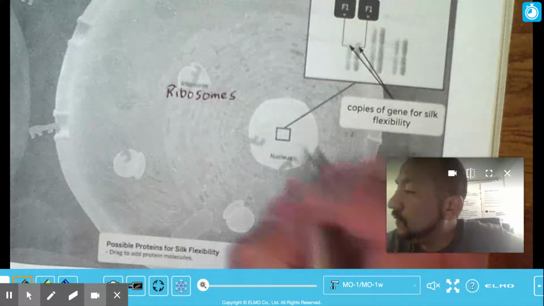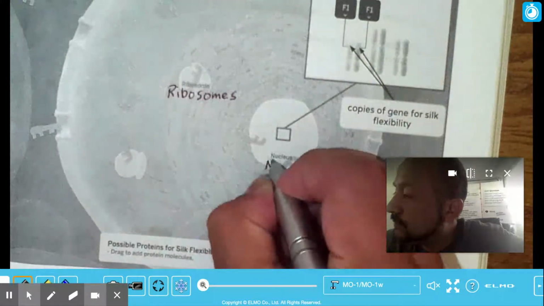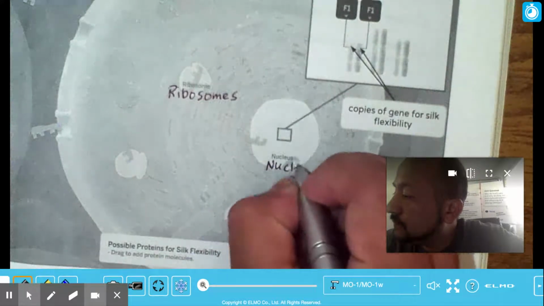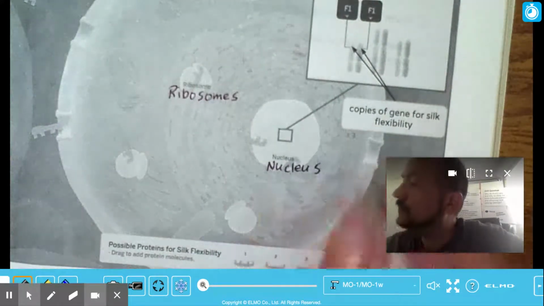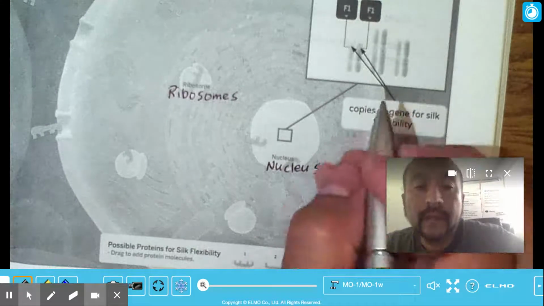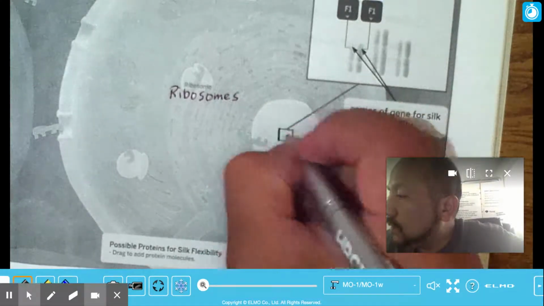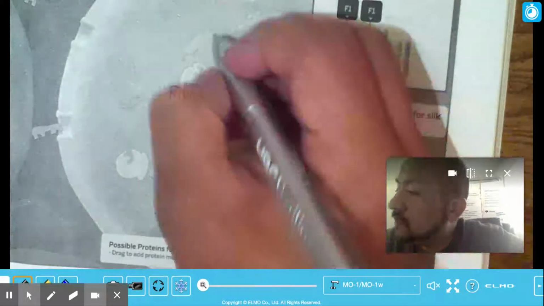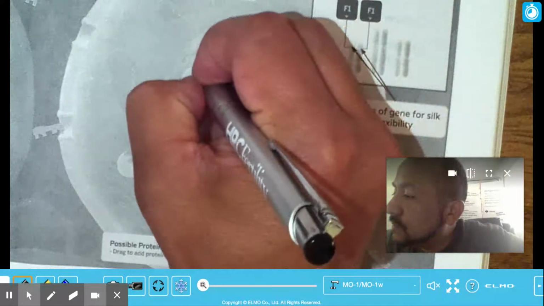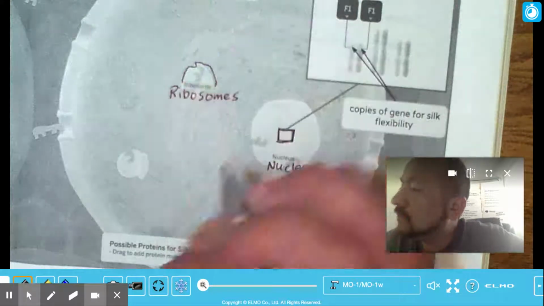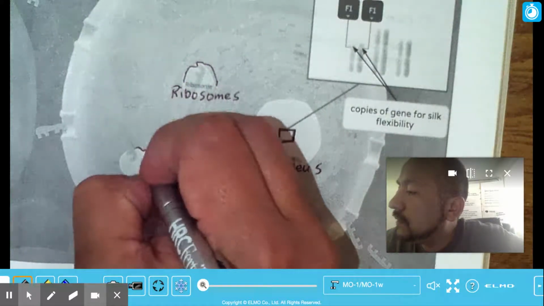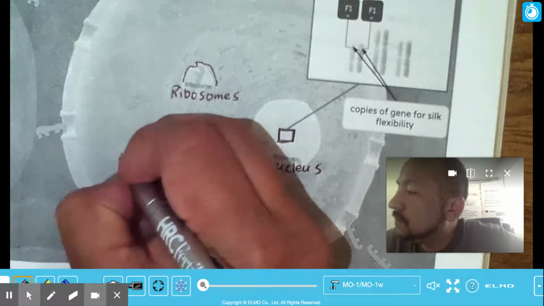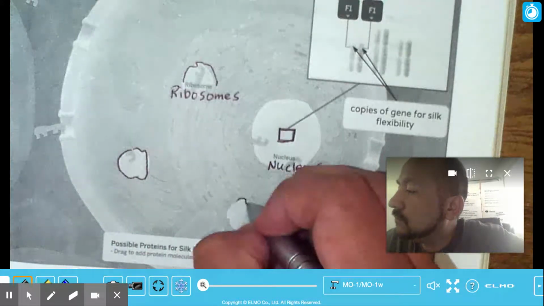We have a nucleus here. And also make a note that there's only one nucleus. In terms of ribosomes, there are several of them.